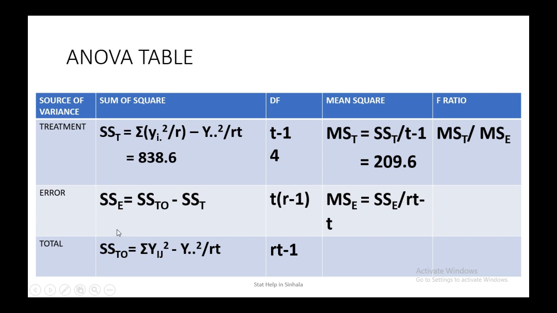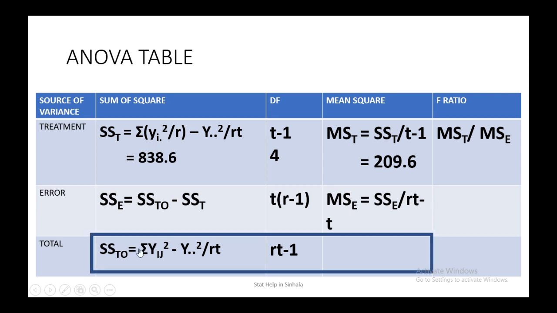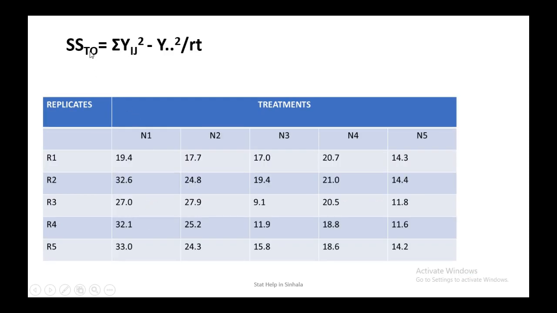Now we can calculate sum of square total. This is the equation for calculating sum of square total. Sum of square total is equal to the summation of yij squared minus y dot dot squared divided by RT. Yij means the observation for individual experimental units.